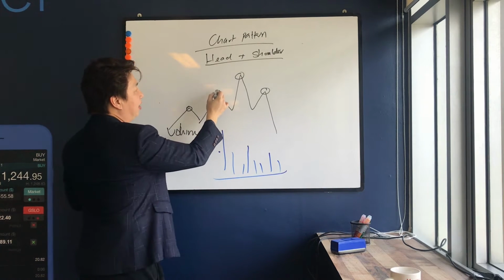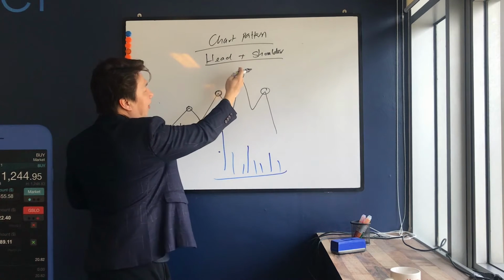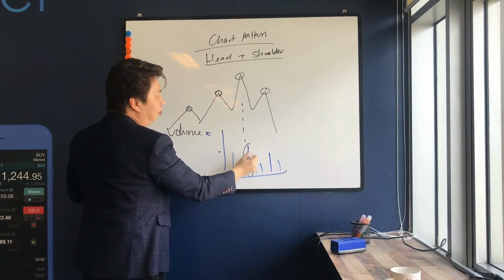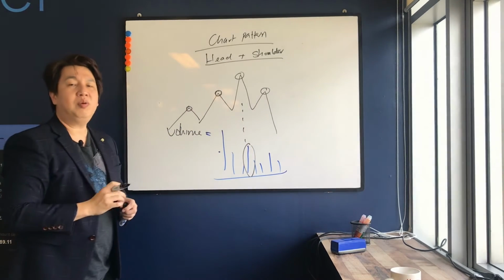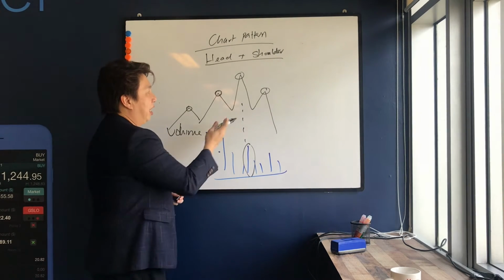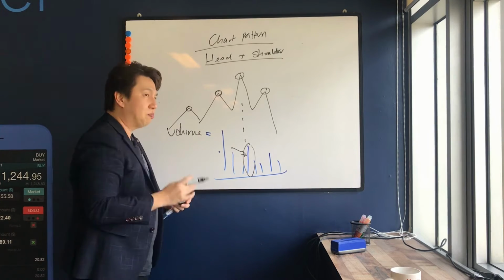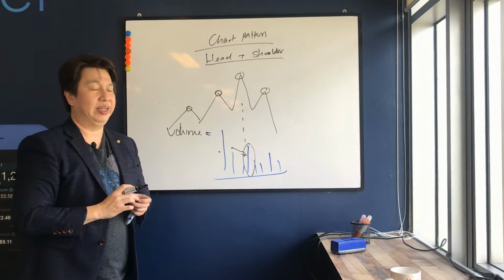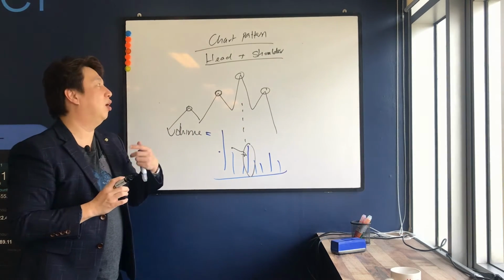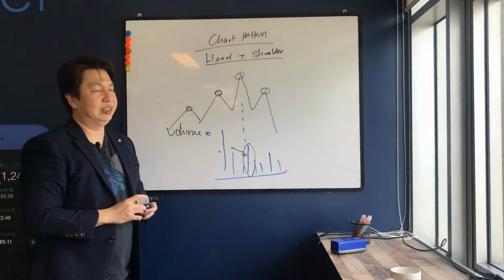But after this high, on the next peak over here, the volume drops. What it means to me is, as the price goes higher, fewer people are willing to participate in that rally. That is already the possible first sign that there is a possible reversal pattern.